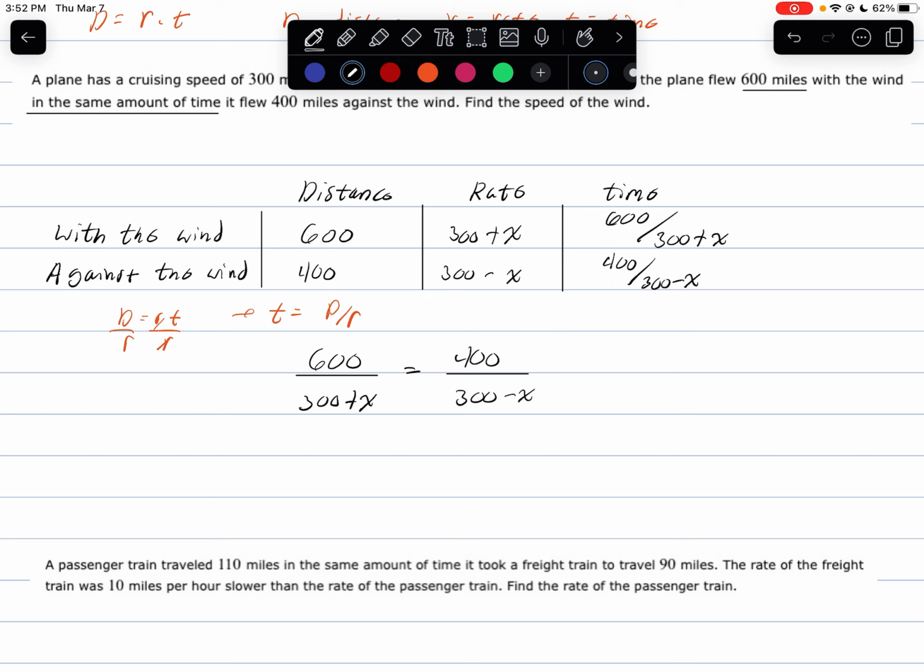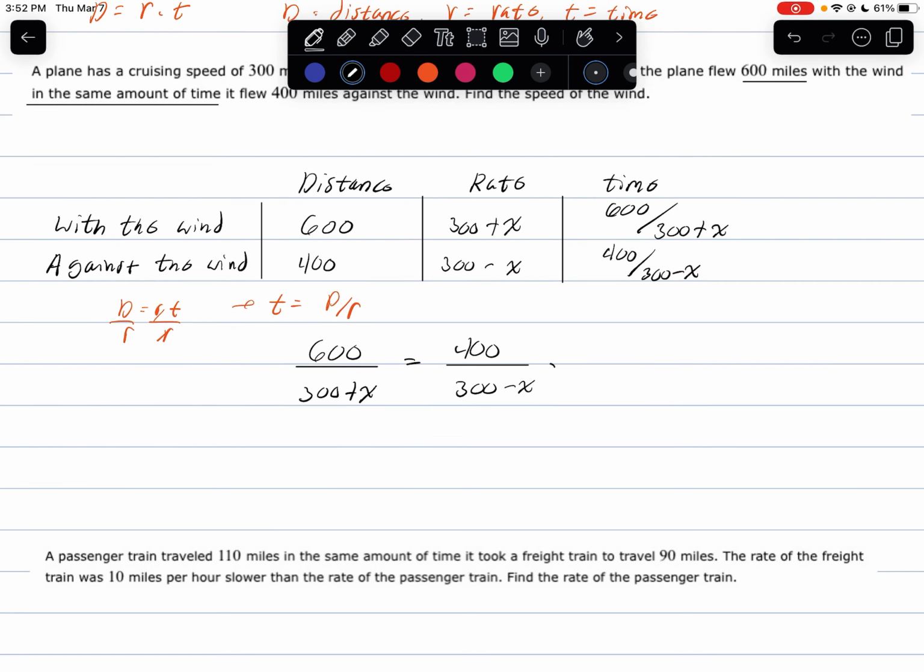To do that, we're going to cross multiply. Actually, no, let's go back a little bit. Let's start by multiplying both sides by 300 minus x.